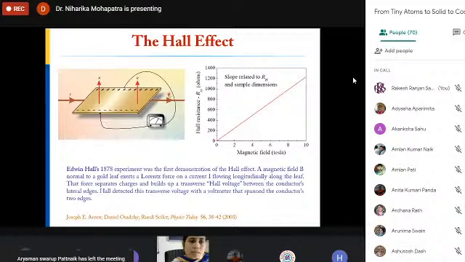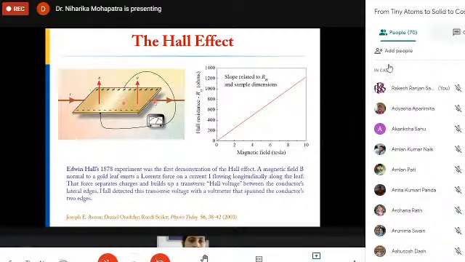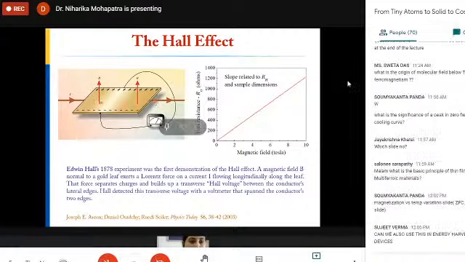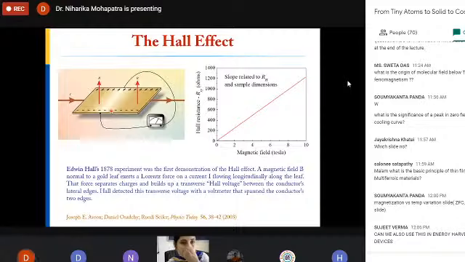If you apply a magnetic field and an electric field perpendicular to each other, you will find a transverse voltage. If you take the sheet in the XY plane, with B along the Z direction, and current flowing in the X direction, then you will have a voltage drop across the Y direction.